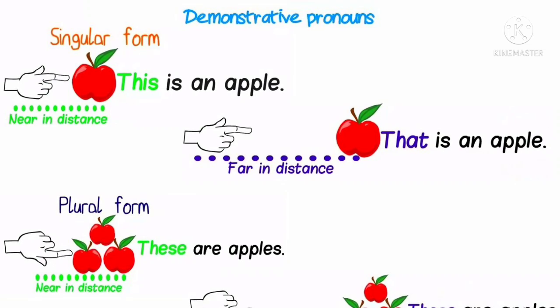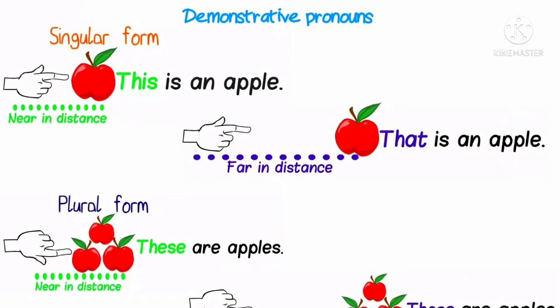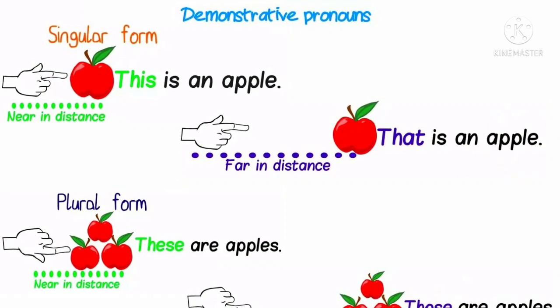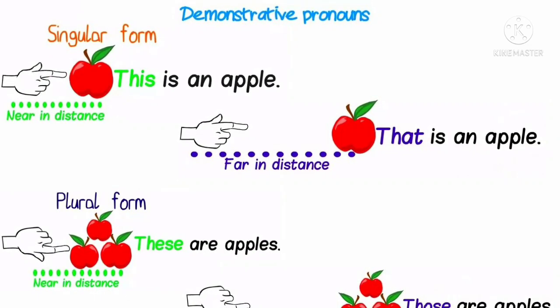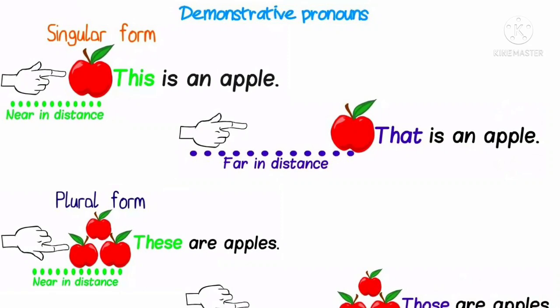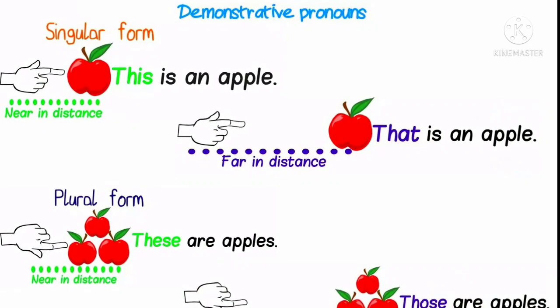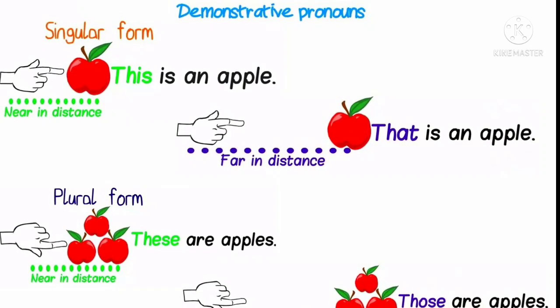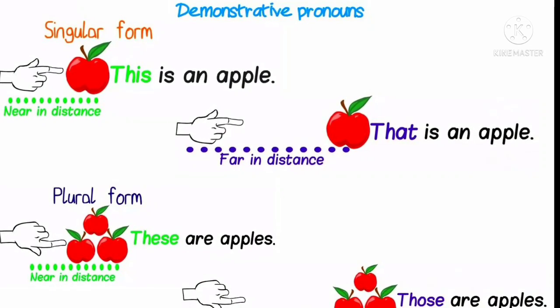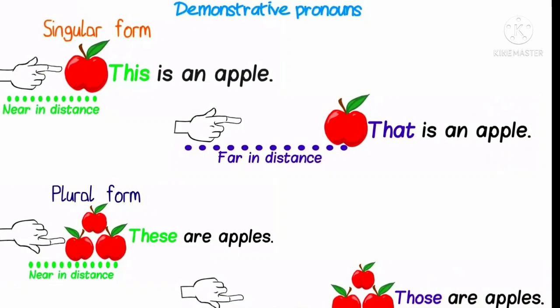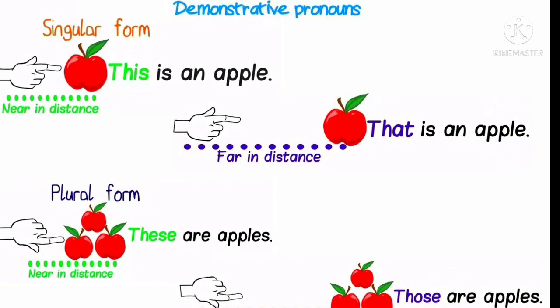When used to represent a thing or things, demonstrative pronouns can be either near or far in distance or time. When we talk about near in time or distance, we use this, that is the singular form, and we use these for plural form. When we talk about pronouns which are far in time or distance, we use that in singular form and those in plural form. Like the examples mentioned here, singular form: this is an apple. What is the plural form given?